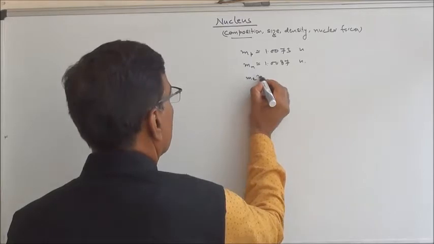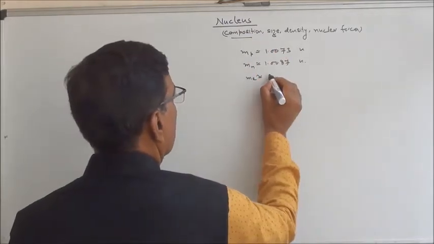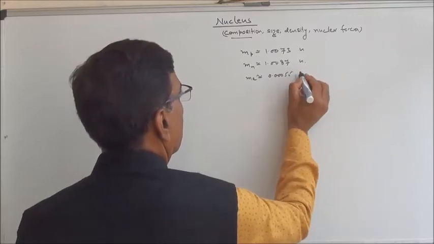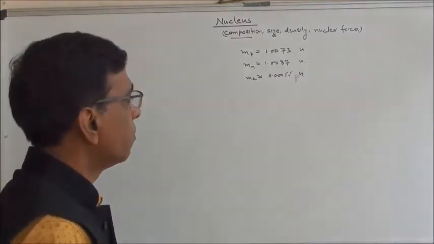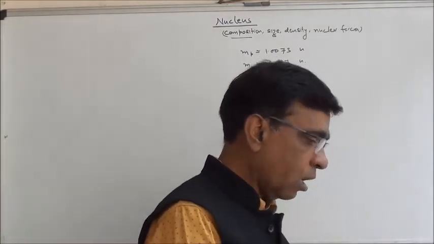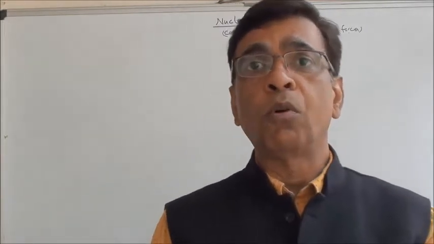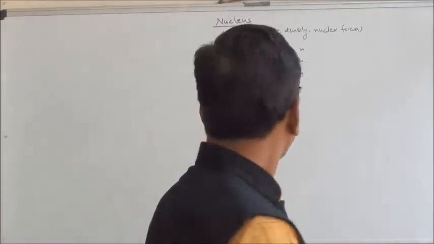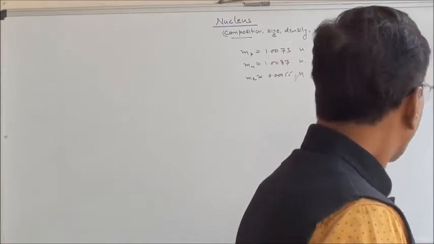Mass of the electron, which revolves around the nucleus, is around 0.00055 atomic mass unit. So these are the masses of protons, neutrons and electrons.